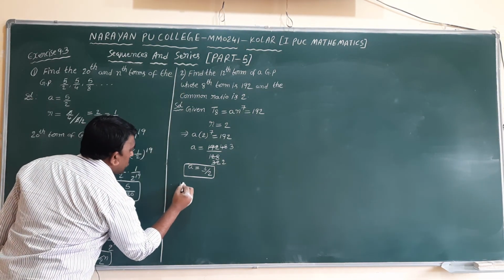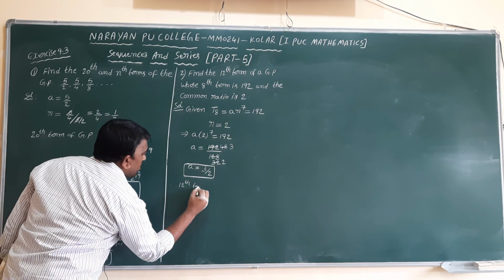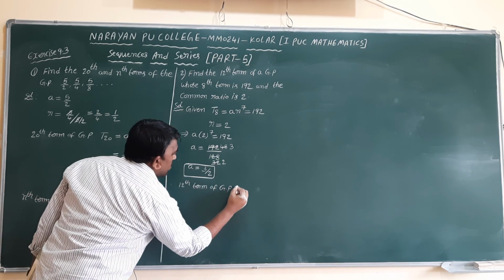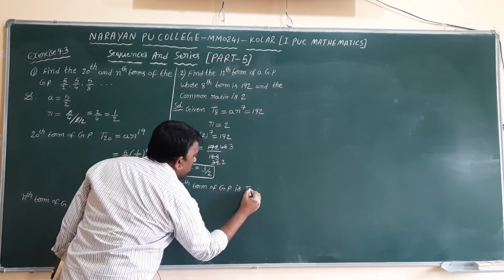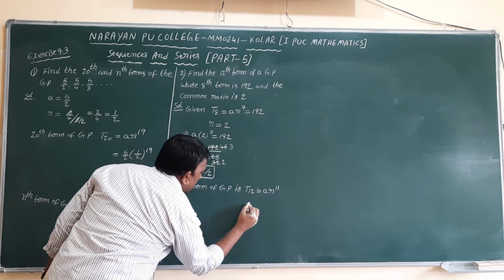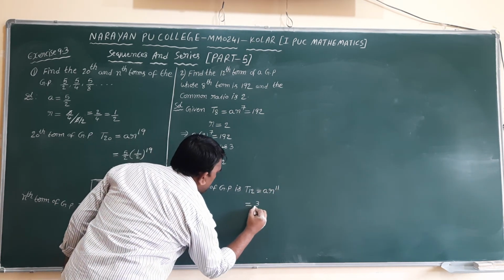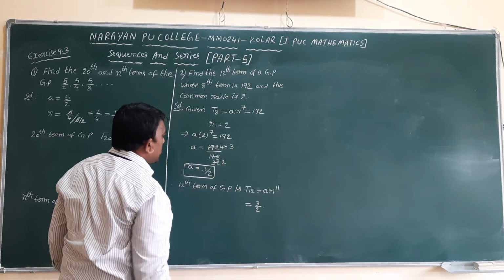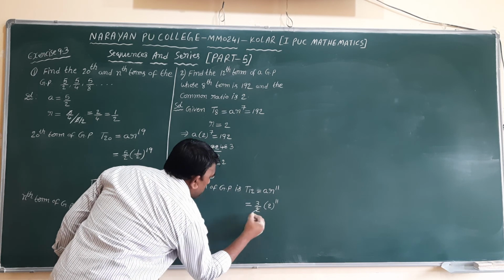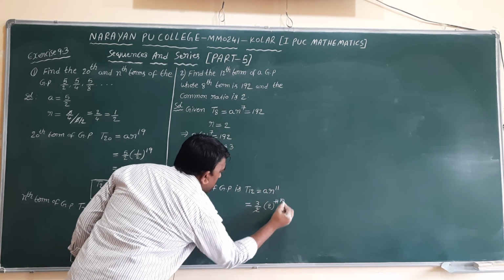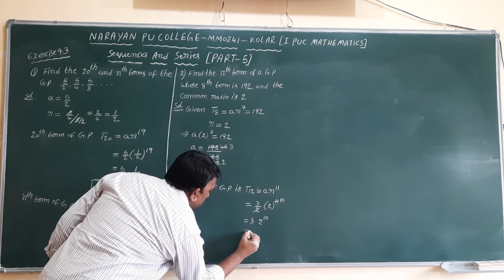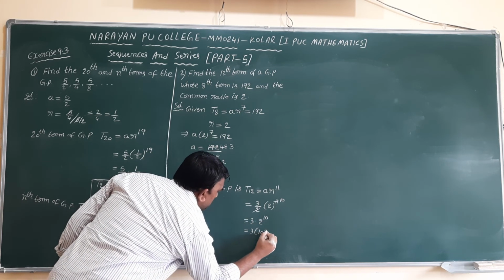Therefore the 12th term of the GP is T12 equal to AR power 11, that is 3 by 2 into 2 power 11. 2 power 11 with the 2 cancels, it will be 2 power 10. 3 into 2 power 10, 2 power 10 value 1024.